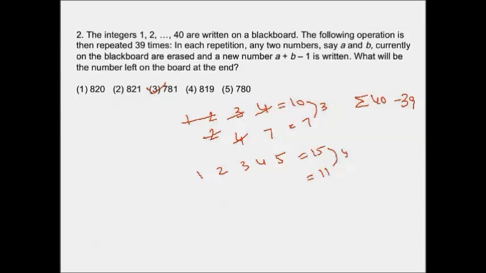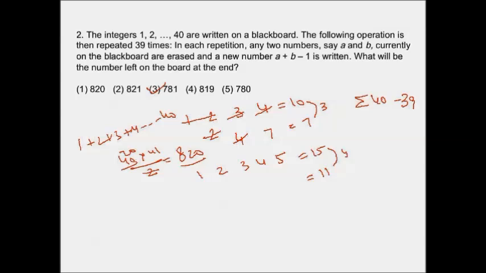But we'll try to understand the same thing logically also. When I do A plus B minus 1, adding all the numbers 1 to 40 gives me 40 into 41 divided by 2, that is n into n plus 1 by 2. And this is equal to 20 into 41, which is 820.